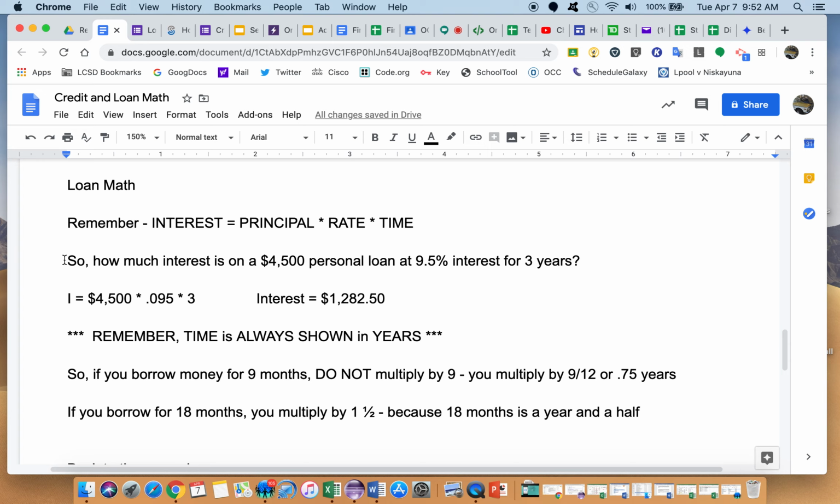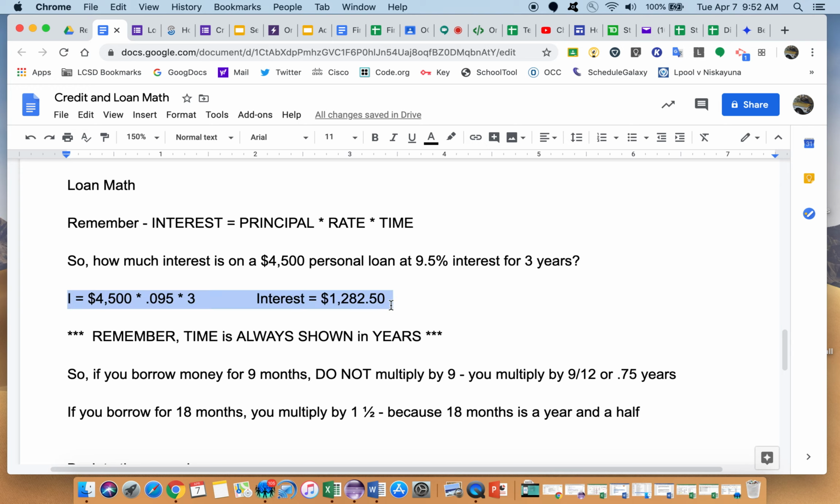So another quick example. Your principal is $4,500 that you borrowed on a personal loan. The loan rate is 9.5%. Personal loans are usually unsecured, so the rates are higher. And it's 3 years in this example. So I want to figure out my interest.